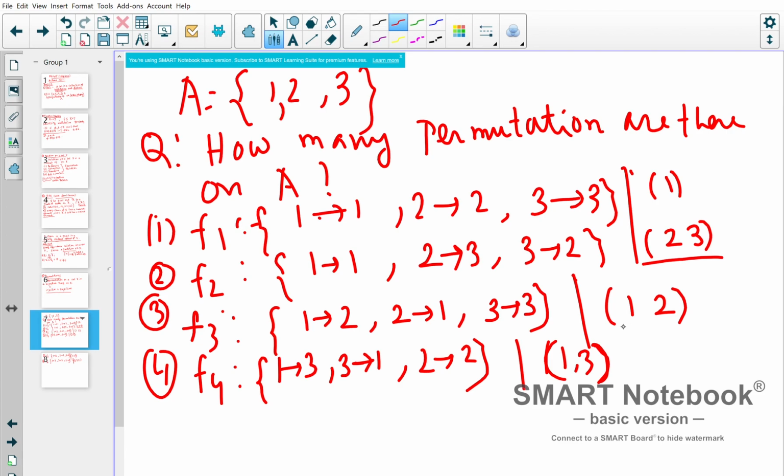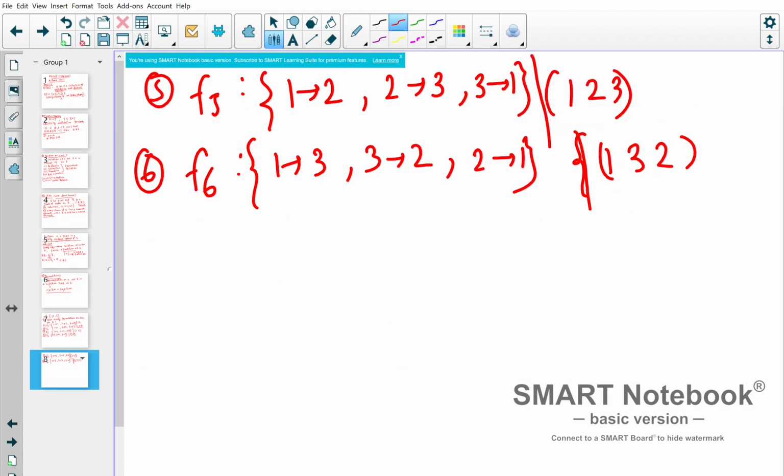These transpositions are very important in group theory, and you must have learned transpositions in your undergraduate. So these are the basic ideas of permutations and transpositions.